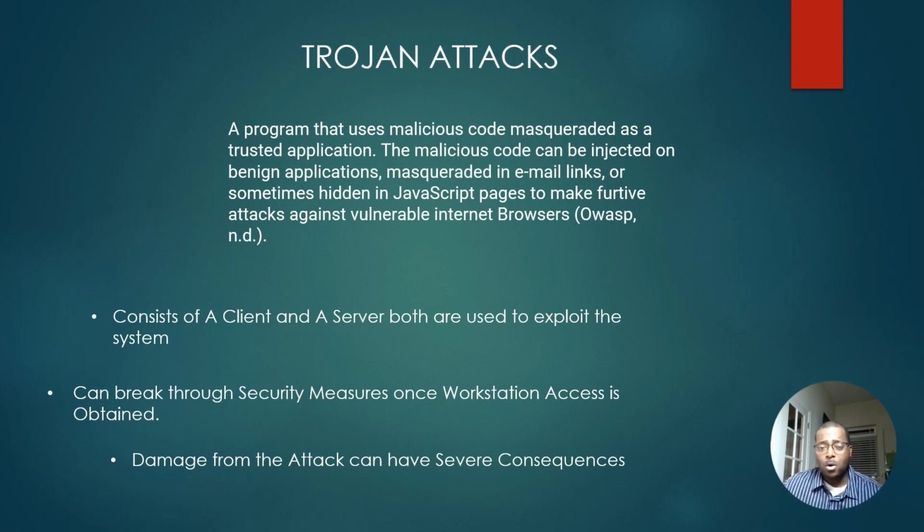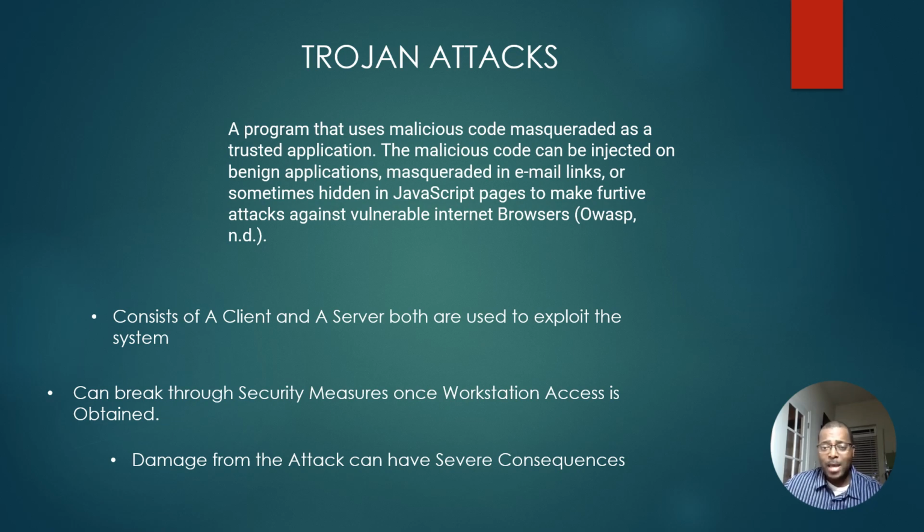Trojan attacks are defined as a program that uses malicious code masquerading as a trusted application. It consists of two parts, a client and a server, which are both used to exploit the system.